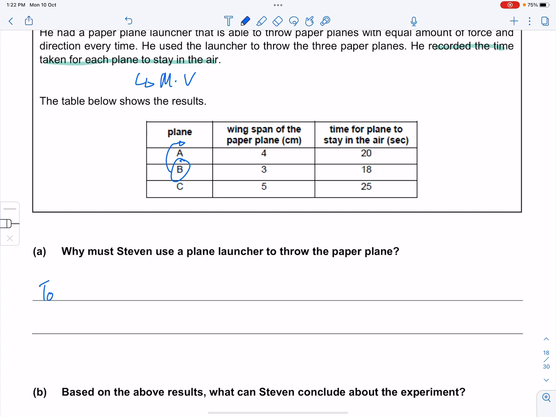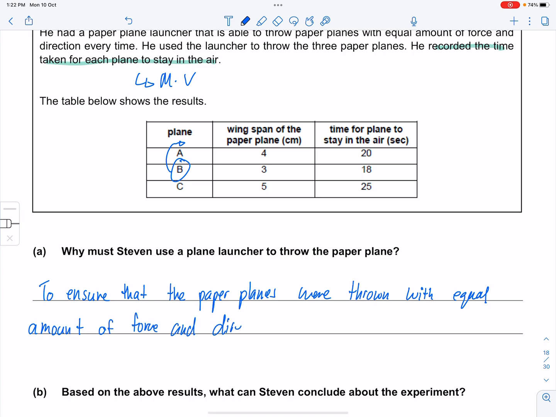So it is to ensure that the paper planes were thrown with equal amount of force and direction every time, so that the experiment is a fair test.